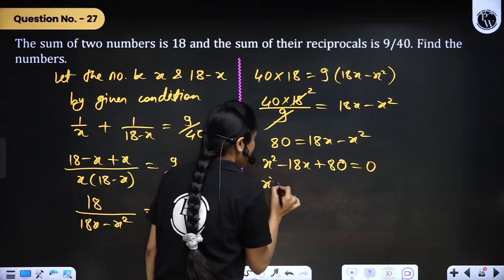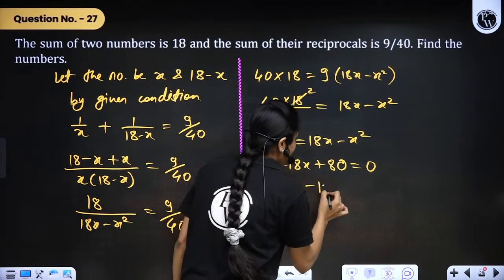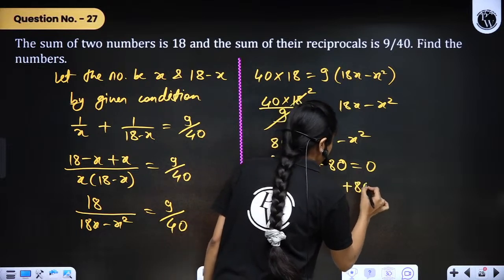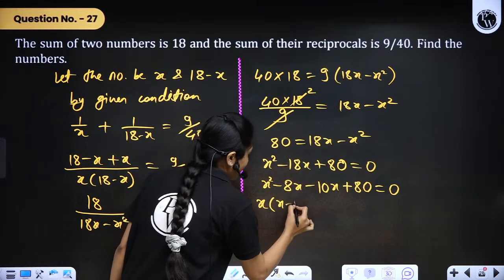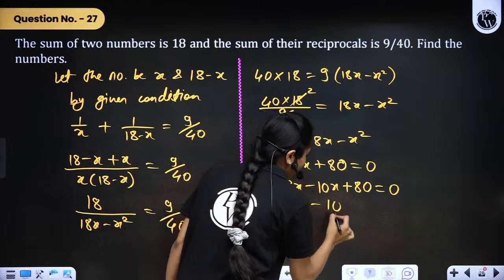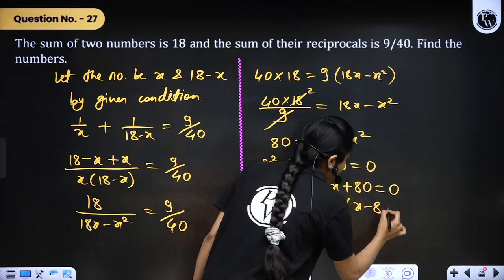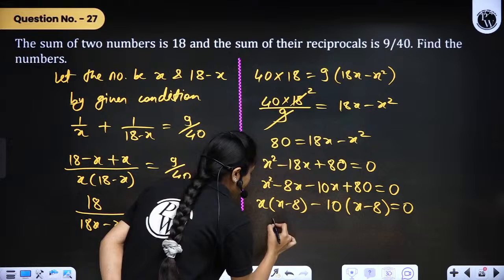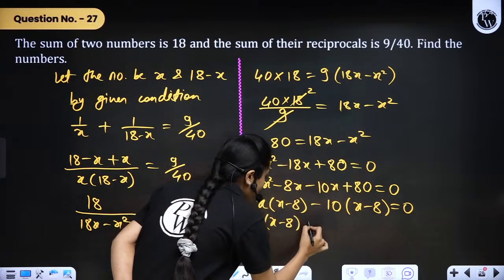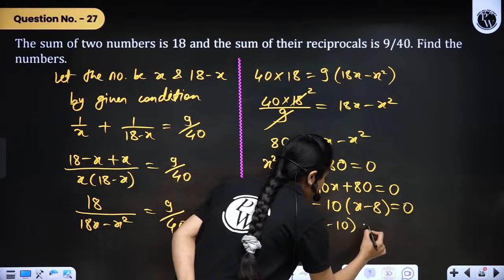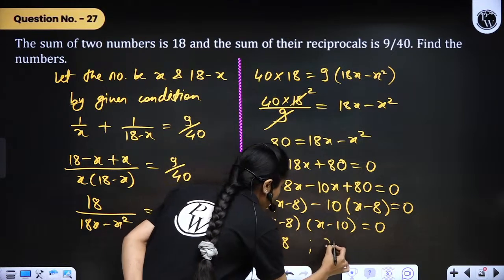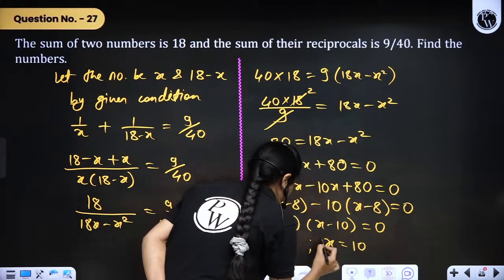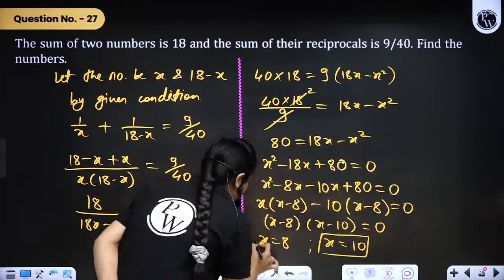So x square minus 8x minus 10x plus 80 is equal to 0. If we take x common, it's x minus 8. Here if we take minus 10 common, again x minus 8 equals 0. So the factors are x minus 8 and x minus 10 is equal to 0. So the value of x is 8 and 10.